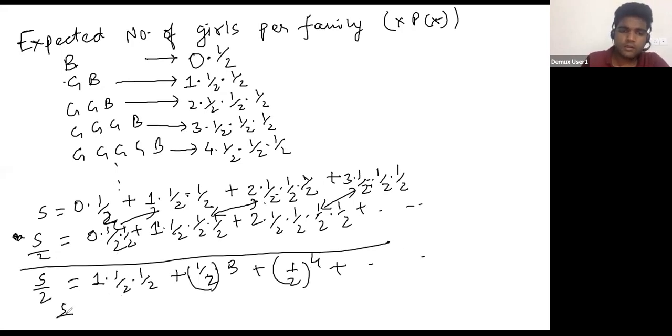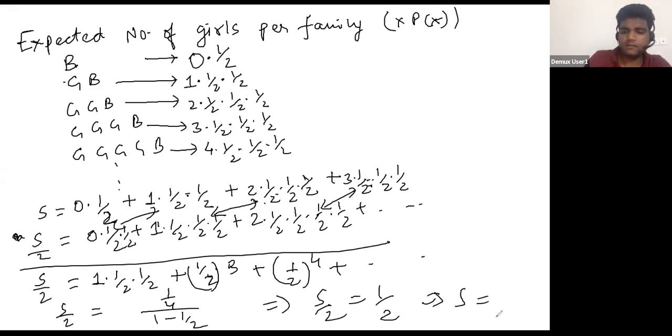So this is a GP, A upon 1 minus R, which implies S by 2 is half, S is 1. Okay, सही है ना ये?